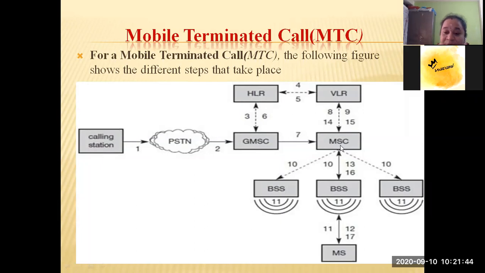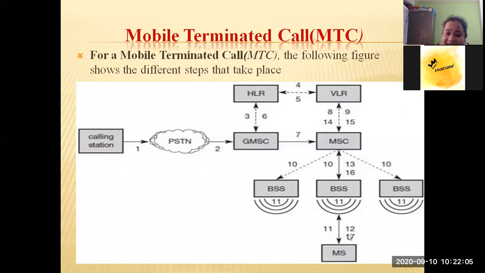Through this mobile switching center, we have to get connected with another mobile station. In order to have to-and-fro communication, we need this particular mobile station. So how will you get this particular mobile station? Through this mobile switching center itself, the mobile station has to be connected.